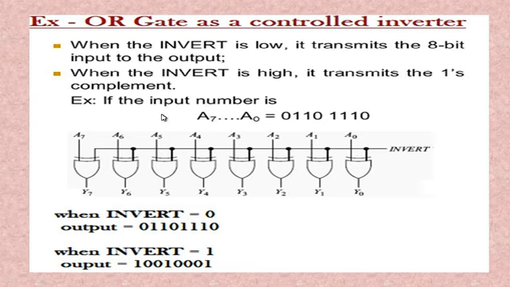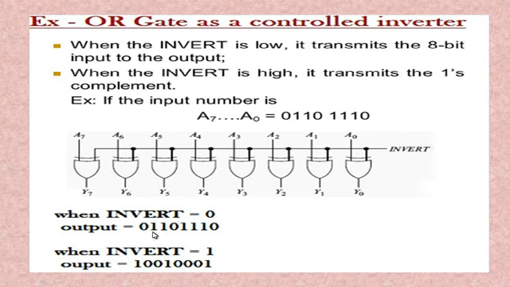Okay. Now let us see with an example. If the input number A7, A6, A5, A4, A3, A2, A1, A0 is given by the binary data 01101110, when invert is equal to 0, then we will get the output as 01101110 as it is.